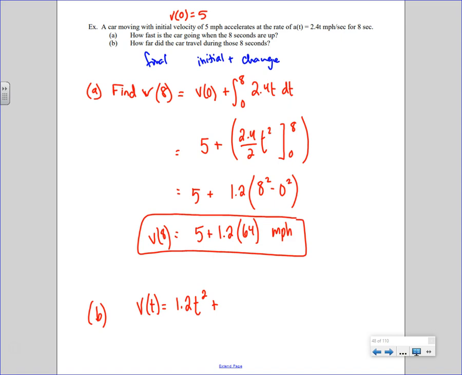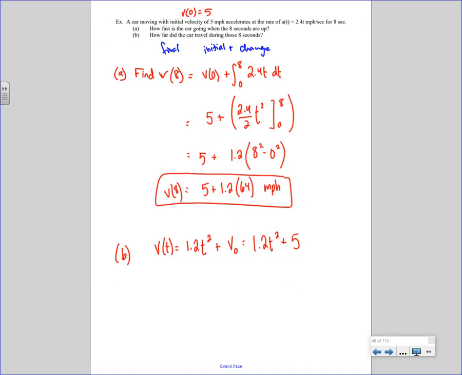But the plus c is also plus our initial velocity, which is why I'm going to make that 1.2 t squared plus 5. And if I needed to find a total distance traveled, I can go from 0 to 8.